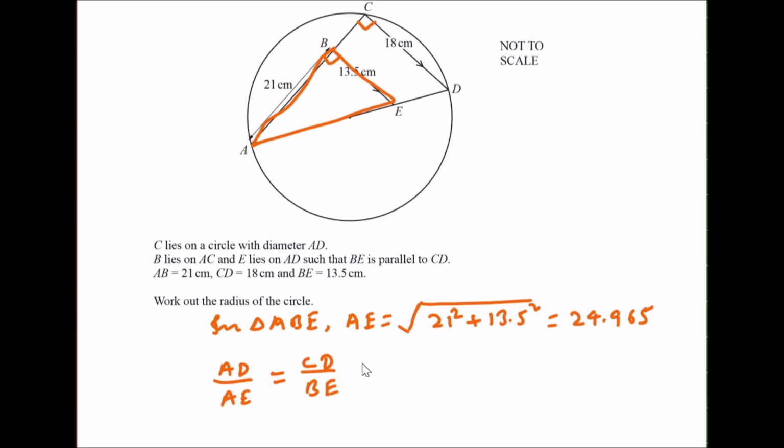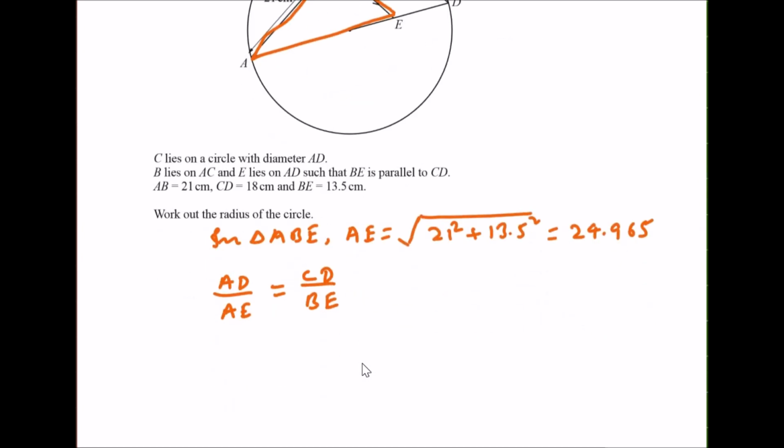CD and BE. Corresponding sides ratio are equal. This is the property of similarity. Now we'll put the values. AD we have to find out. So AD as it is. AE we have calculated 24.965, and that is equal to CD is equal to 18 from the diagram, and BE is 13.5.